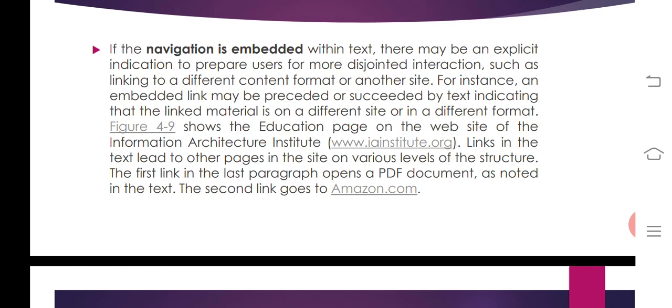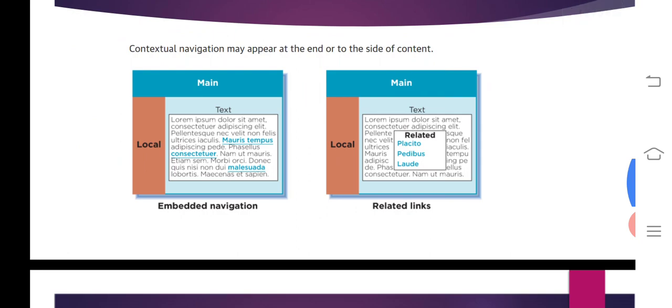The instance of an embedded link can be persisted, with text indicating that the link is material on a different site. So here, contextual navigation appears at the end or to the side of the content.